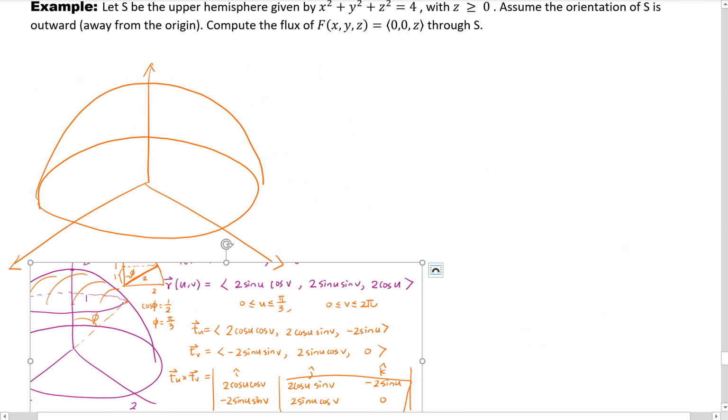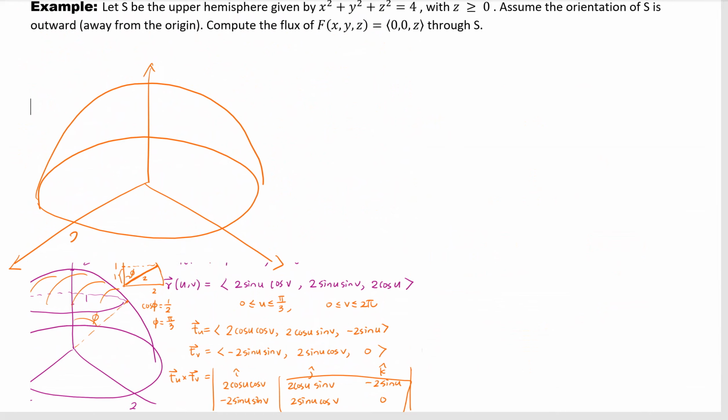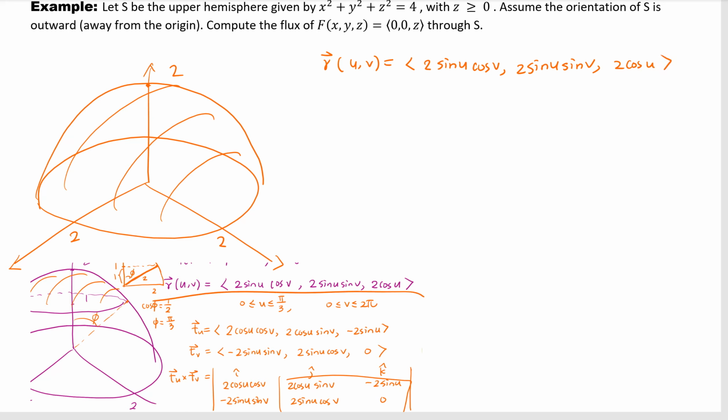So now here you can see the radius is also 2, right? But because the surface is the whole upper hemisphere, our parameterization is going to be 2 sine u cosine v, 2 sine u sine v, 2 cosine u, just like what we had before.